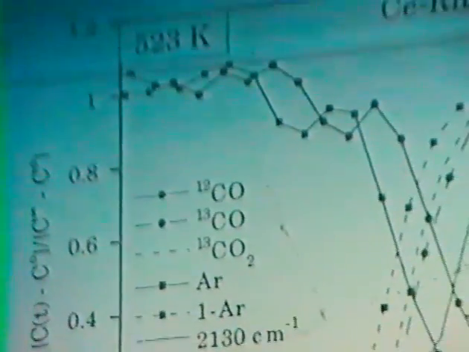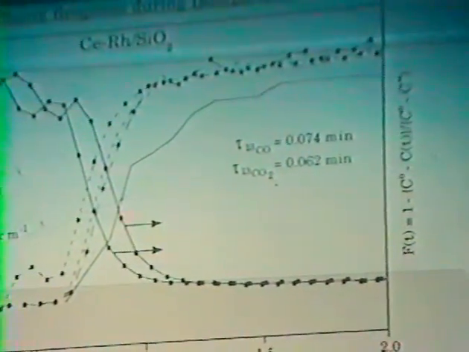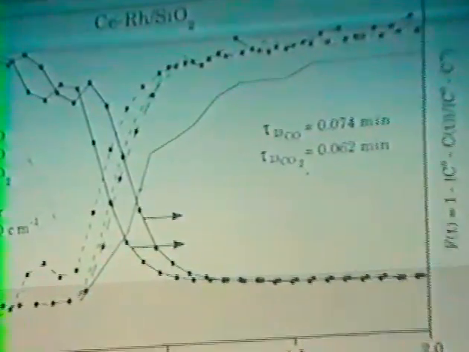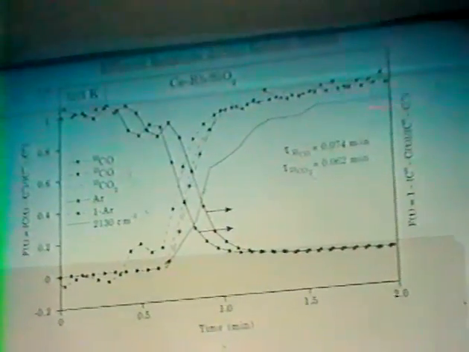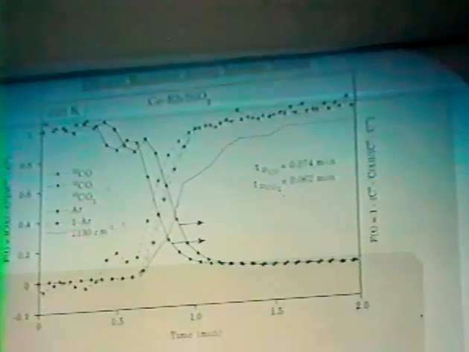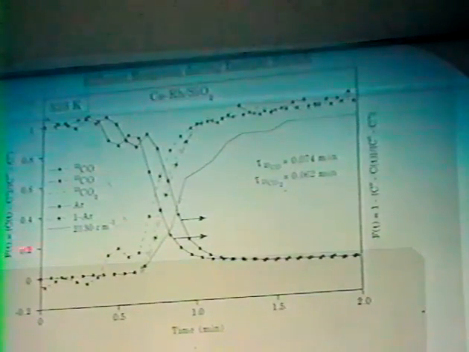This is the 2130 band response, and this 2130 band corresponds to the RhNCO species. And so this RhNCO species switches at a much slower rate than the gas phase product. So this result indicates this RhNCO species is also a spectator species, which is not directly involved in the formation of CO2. So this result basically confirms what Professor suggested 10 years ago.